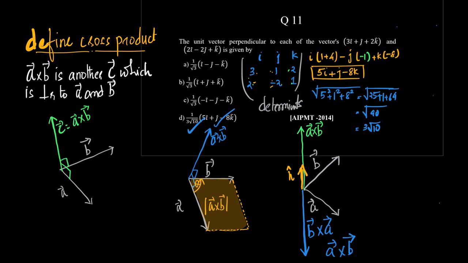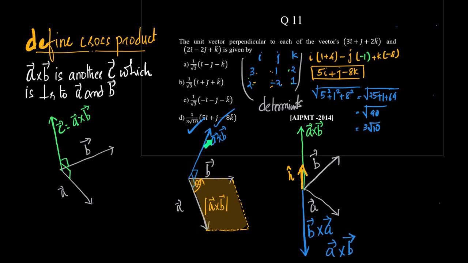Okay, so this is it about cross product and the analysis of it. So always keep this in mind. Two vectors in a plane, and another vector perpendicular to this plane in such a way that the vector is perpendicular to both the given vectors.